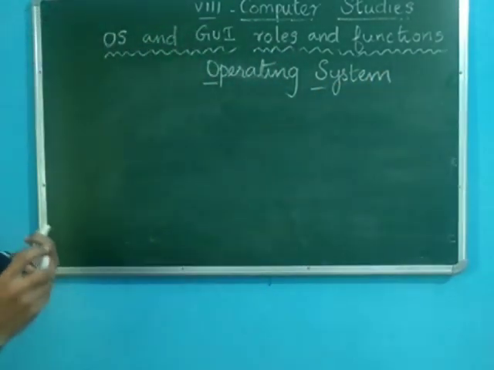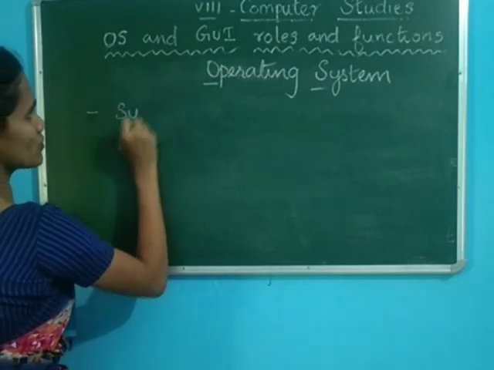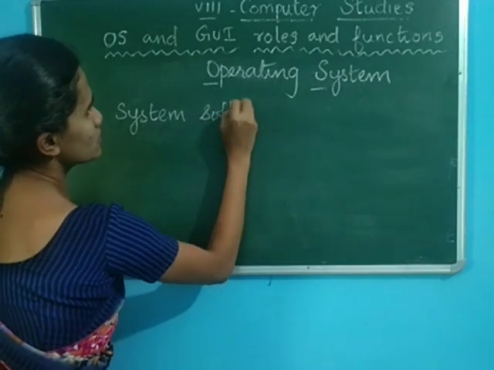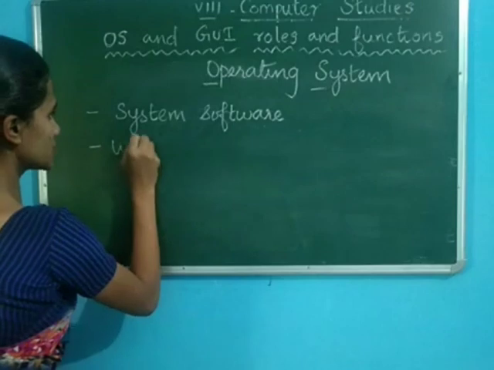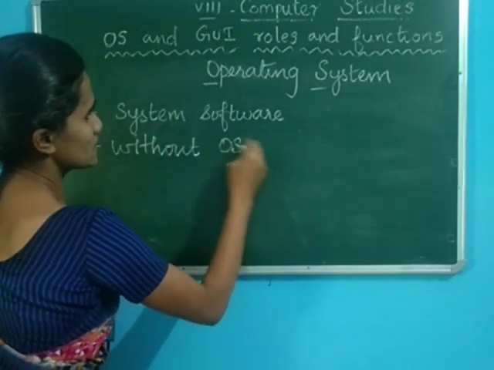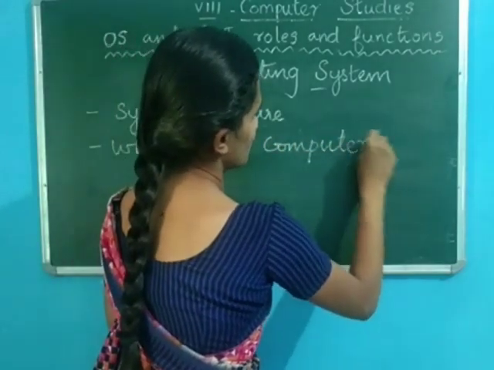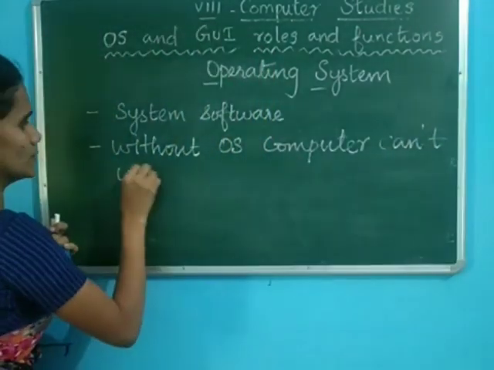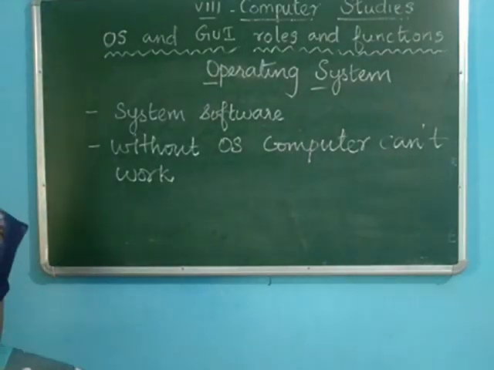As per the last point, the operating system is a type of system software. Without the OS, the computer cannot work. If the operating system is not there, the computer will not work.